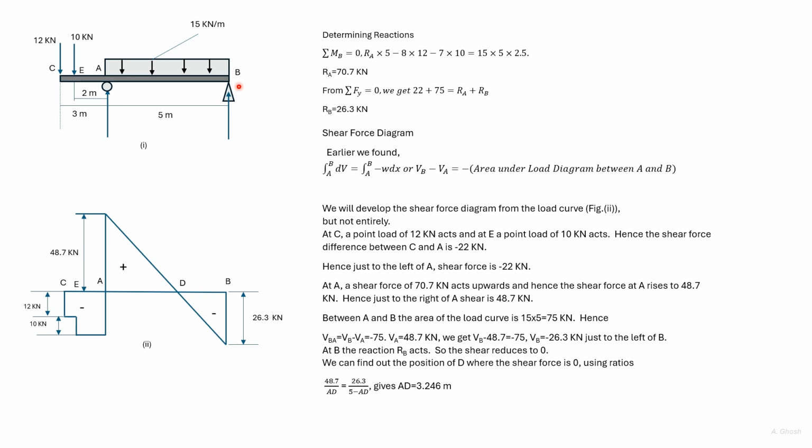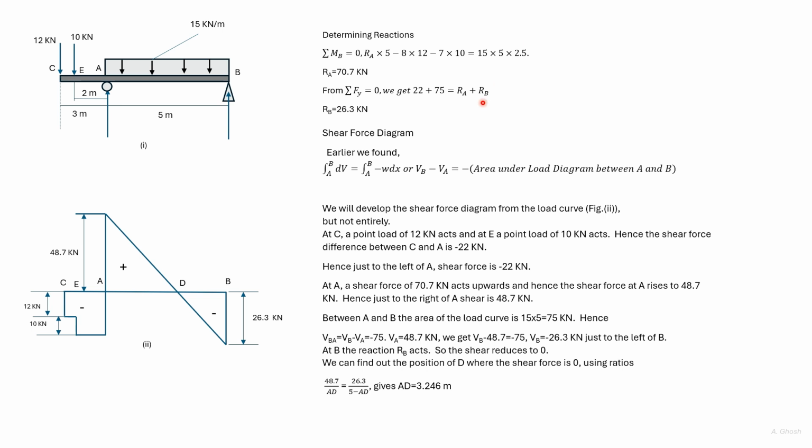So we take moment about point B, RA into 5 minus 12 into 8 minus 10 into 7 is equal to 15 into 5 into 2.5, from which we get RA as 70.7 kilonewton. Now the total load acting is 22 plus 75, and from which we get RB is 26.3 kilonewton.